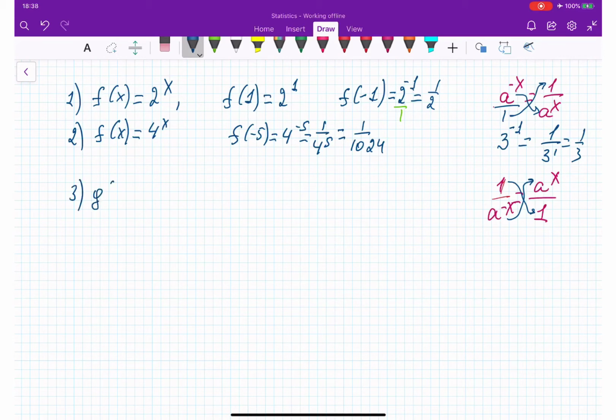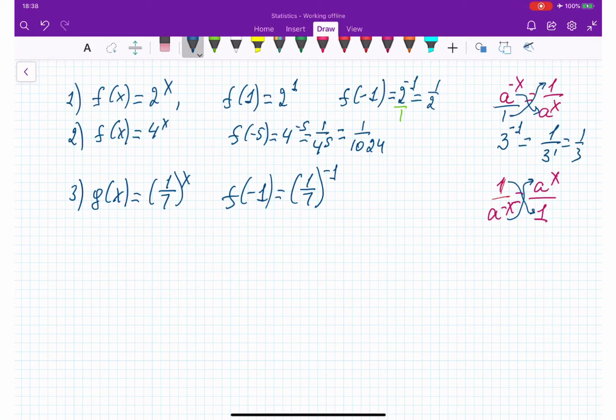G of x is equal to 1 over 7 to the power x. So we need to find g of negative 1. We plug in x as negative 1: 1 over 7 to the power negative 1.